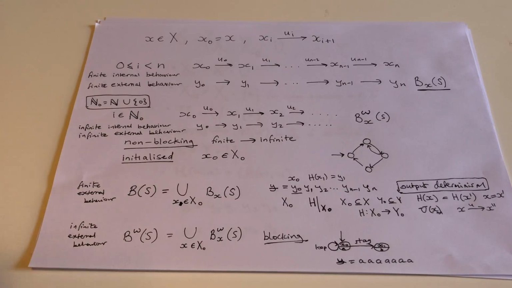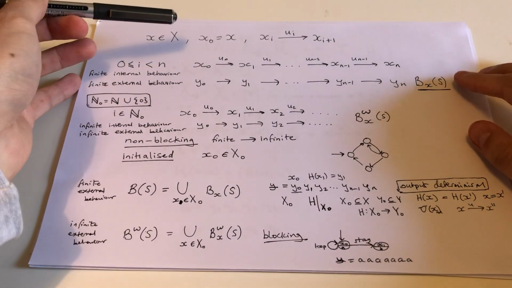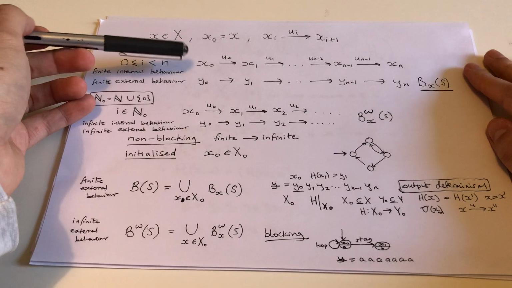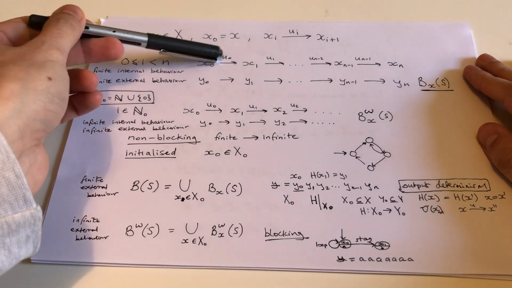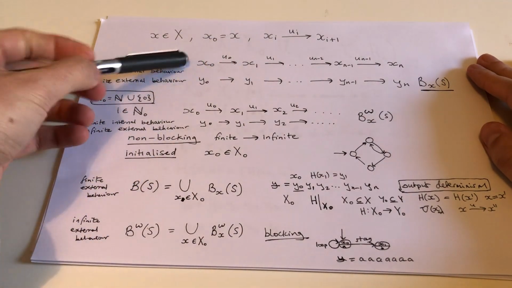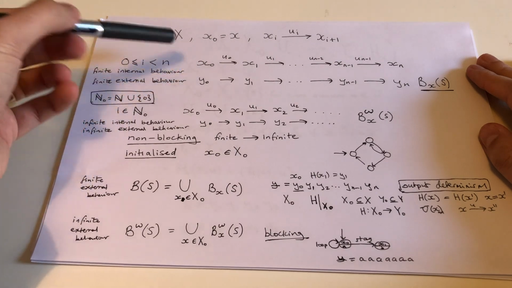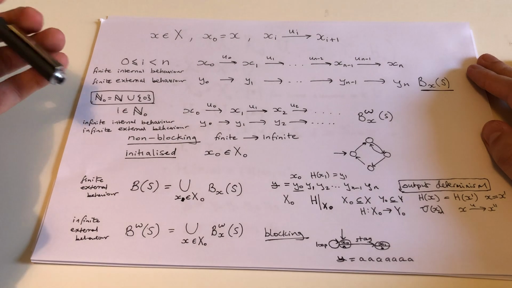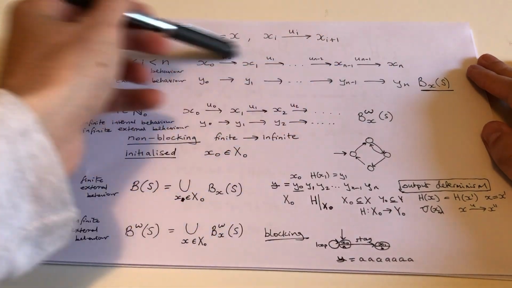Okay, so let's continue. Now, a very helpful property as well can be the inputs. In this case, we've described the trajectory using u0, u1, but these are all internal.